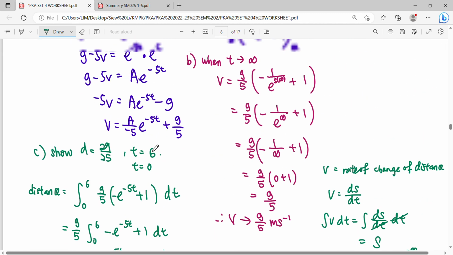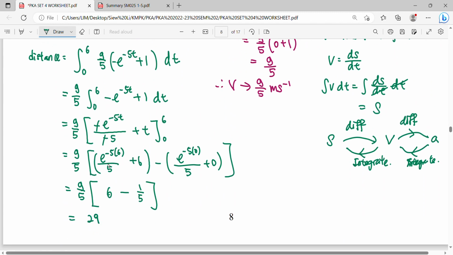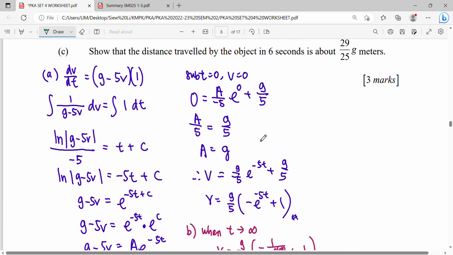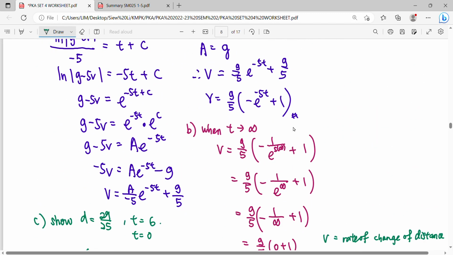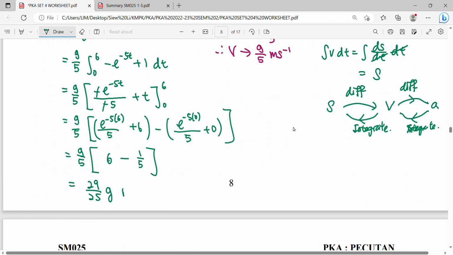Is it 29 over 25? Is it 29 over 25 g? Yes. It's just g. So the distance in meters, shown.